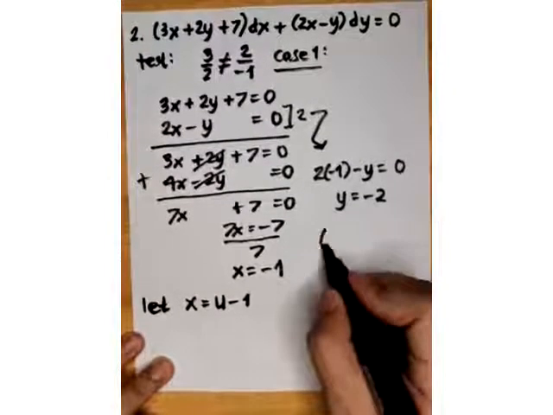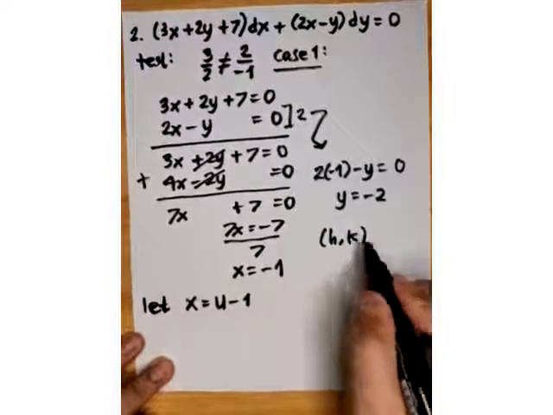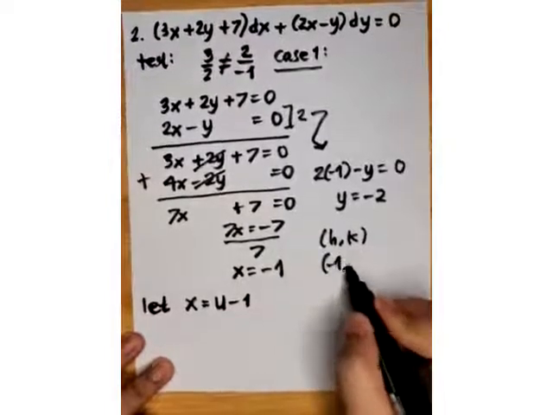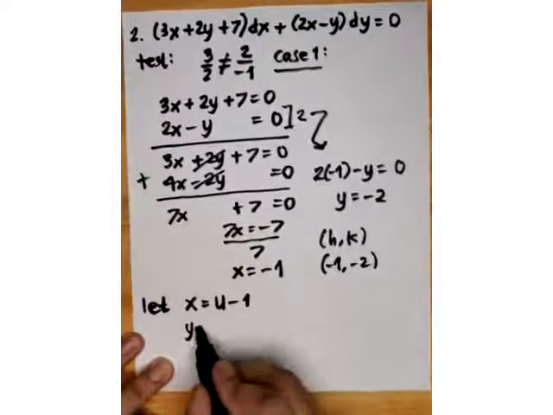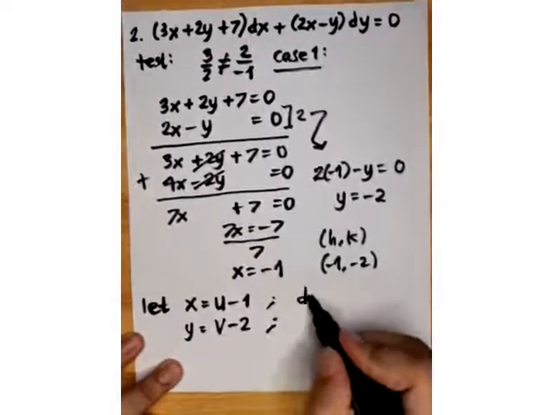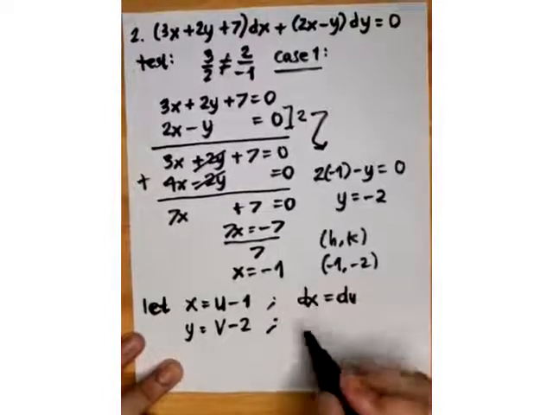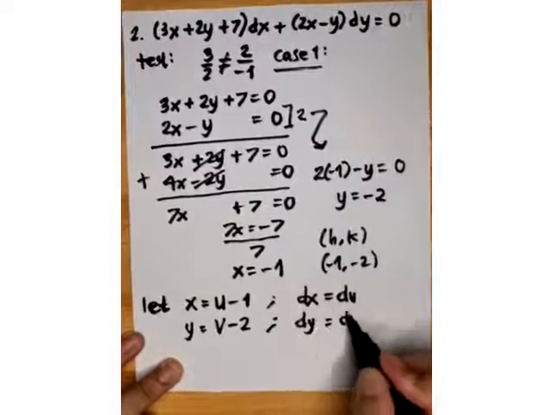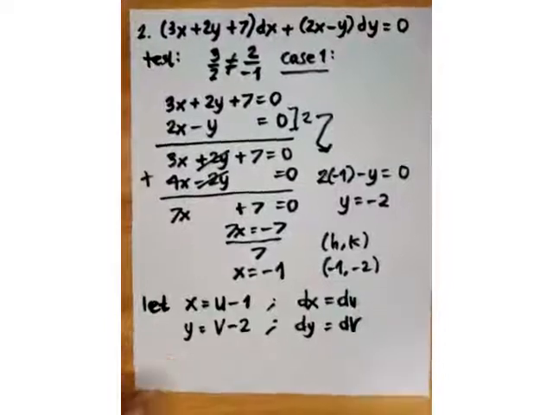And ang hk kasi natin ay negative 1, negative 2. So, y is equal to v minus 2. So, get the derivative. So, dx is equal to du. And then dy is equal to dv.